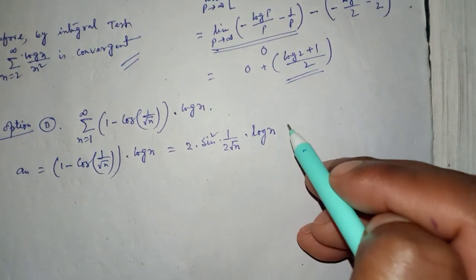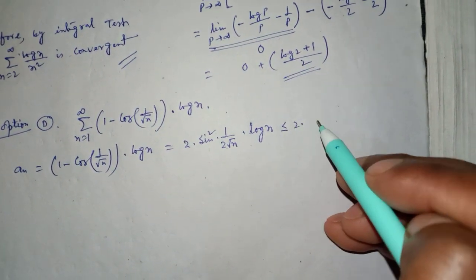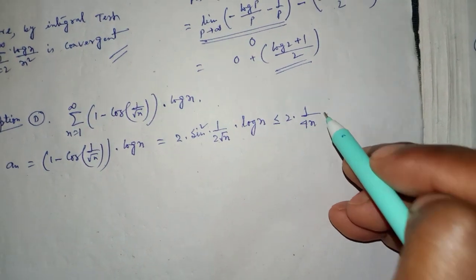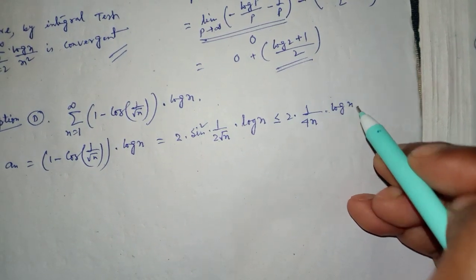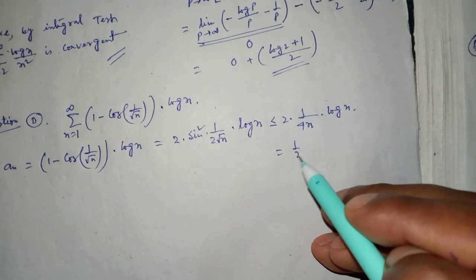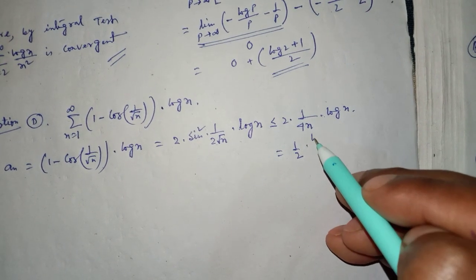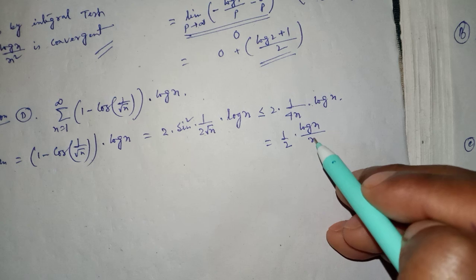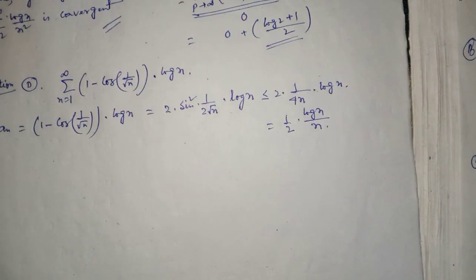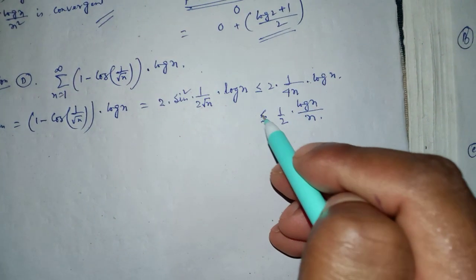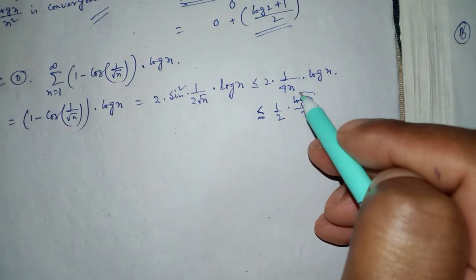So this is similar to 2 into 1 by 4n into log n, which is equal to 1 by 2 into log n by n, lesser equal to 1 by 2 into log n by n.